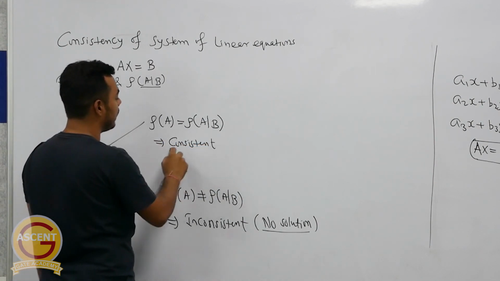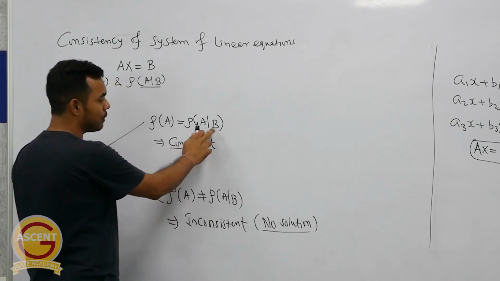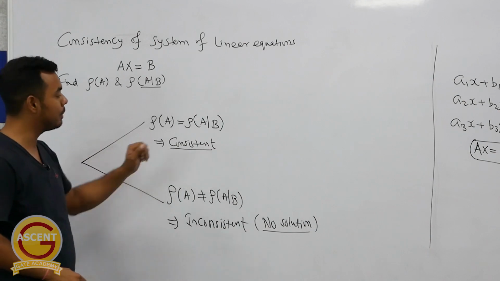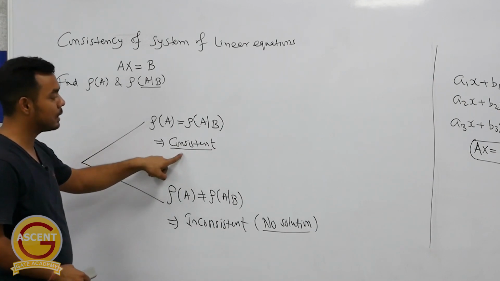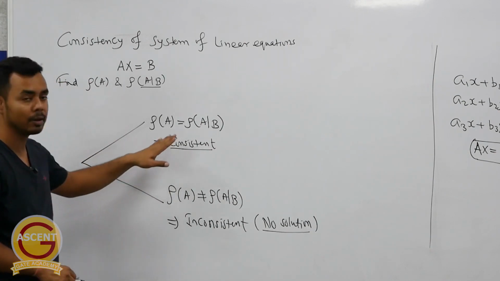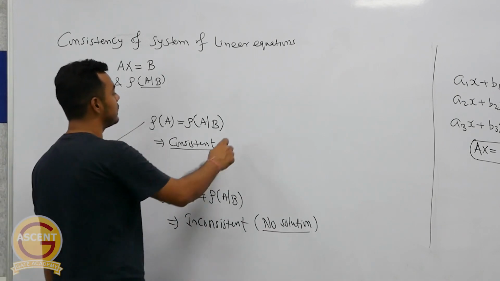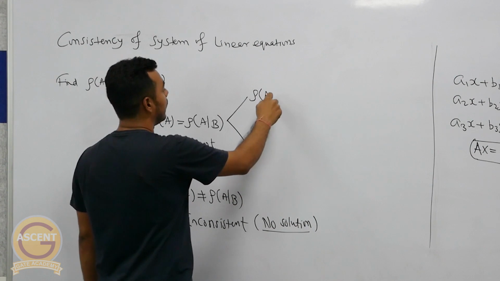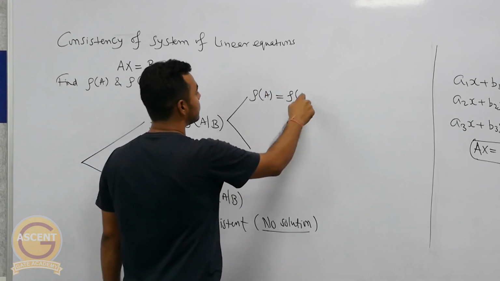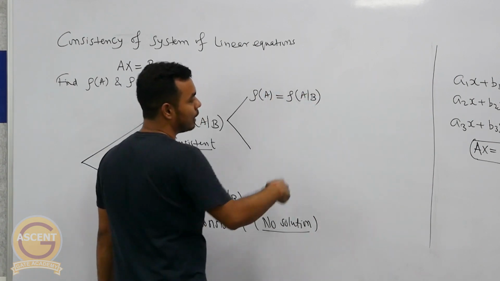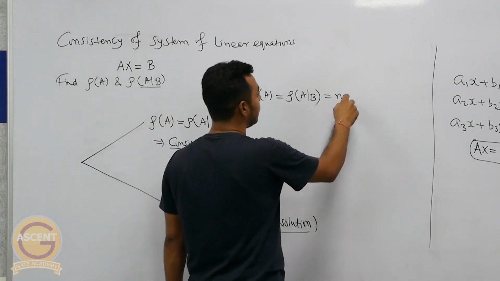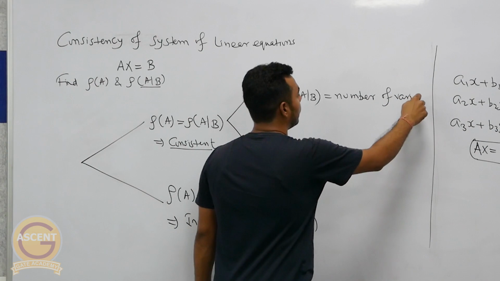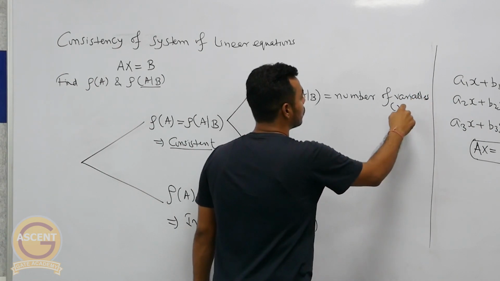If the rank of the coefficient matrix is equal to the rank of the augmented matrix, then the system of linear equations will be consistent. Now in consistent, we had also seen two possibilities: consistent with unique solution and consistent with infinite number of solutions. So the two possibilities are, if the rank of the coefficient matrix A is equal to the rank of the augmented matrix A|B and is equal to the number of variables n.